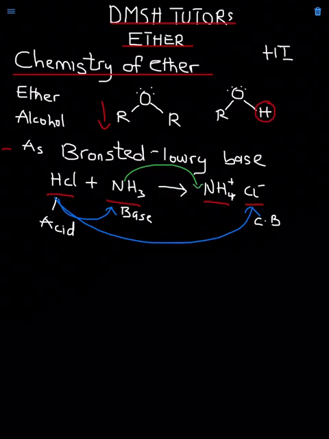So therefore, this is the conjugate acid of ammonia. So we can conclude that the Bronsted acid-base theory stated that acids are proton donors and bases are proton acceptors.